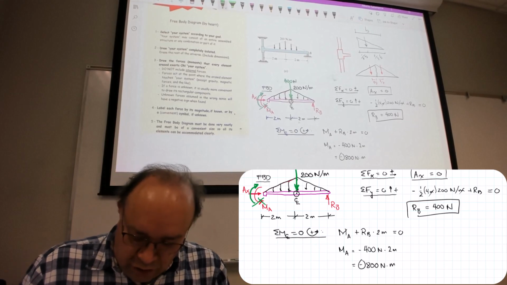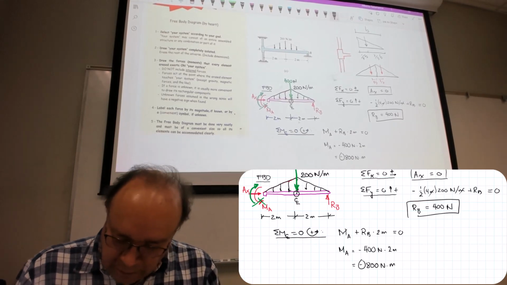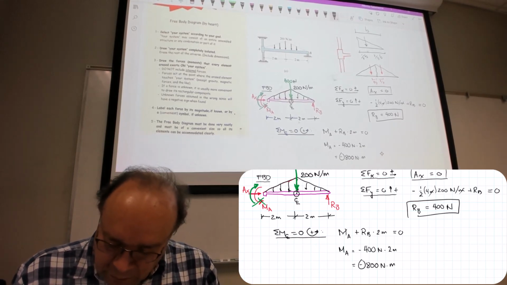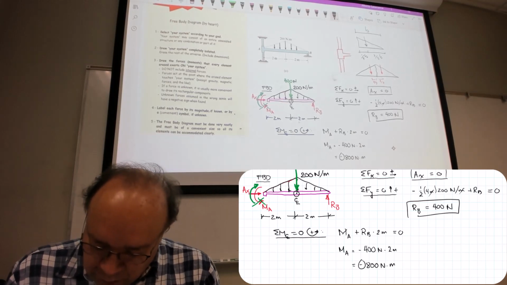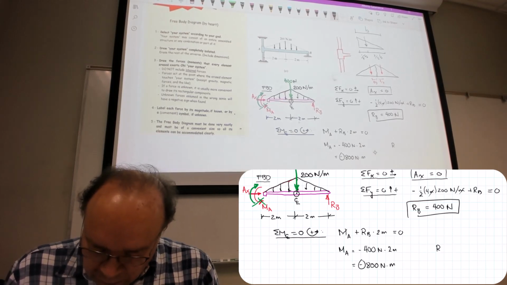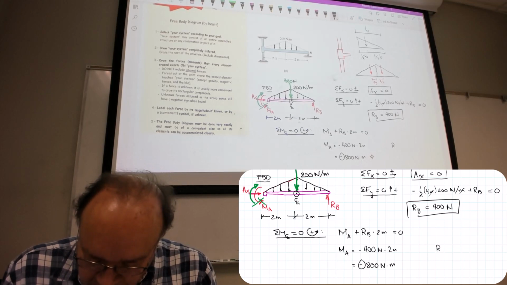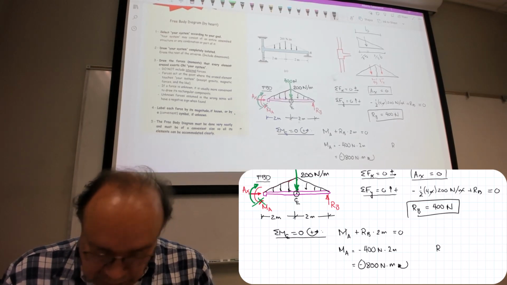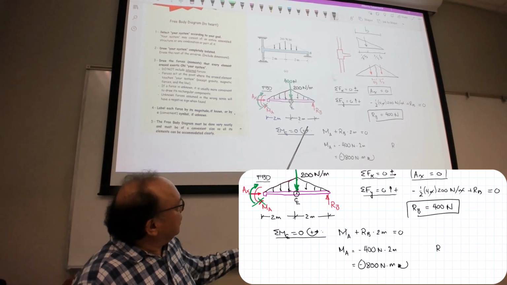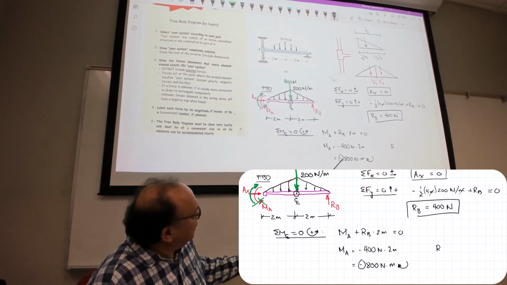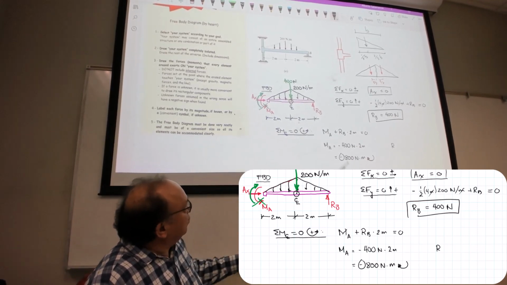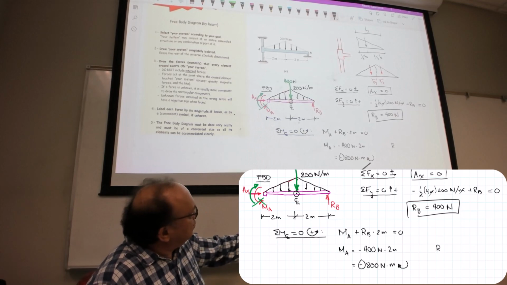So the moment at A, if you're going to put the results of this problem, you can put a note like this, indicating that you just found out the direction is opposite to what you assumed initially.